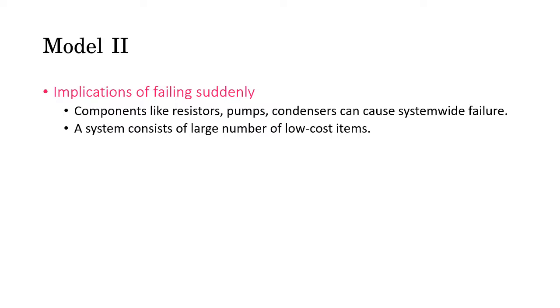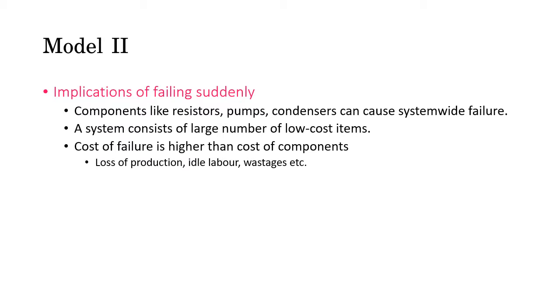Another example is a power plant, where typically several pumps and condensers are installed. The cost of these items is low, but when any one of them stops functioning, the cost of failure itself is much more significant as compared to the cost of a single one of these components.